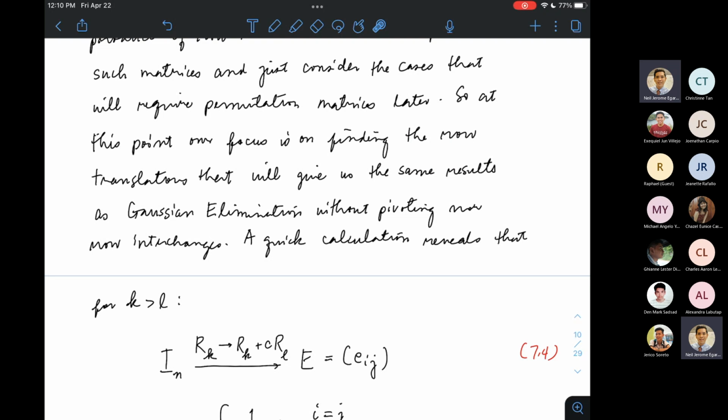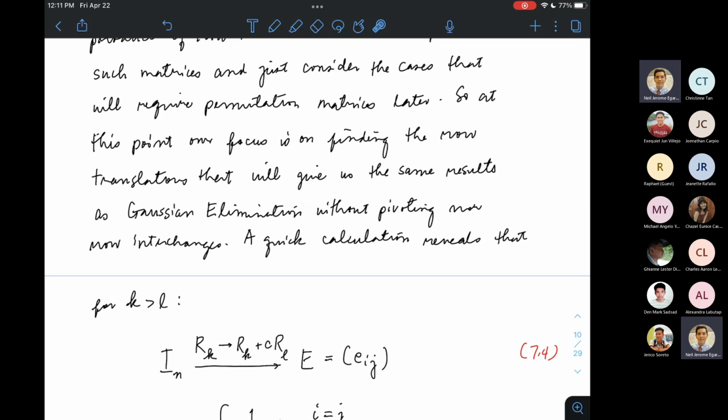And I think that is more advanced, kaysa dun sa Math 175, and it should be tackled in a numerical linear algebra class. So medyo specific lang, i-consider natin yung mga matrices that are reducible to an upper triangular matrix using only row translators.